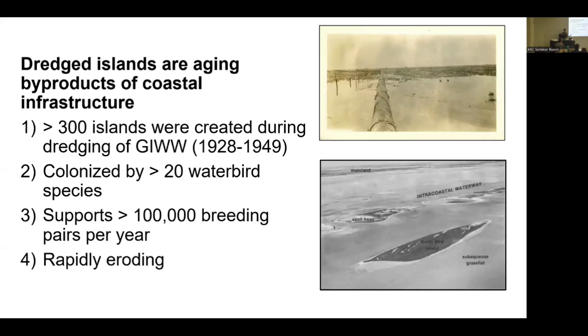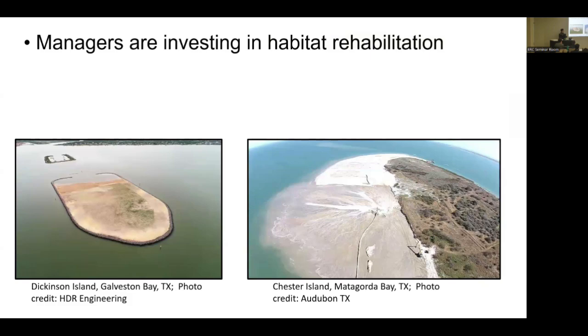And also, again, because these islands were created by humans and aren't really maintained by natural land building processes like sediment deposition and accretion, at least not at the level that can keep up with erosion and sea level rise, they're eroding rapidly. And managers have realized that this is a potential threat to waterbird populations in the future.